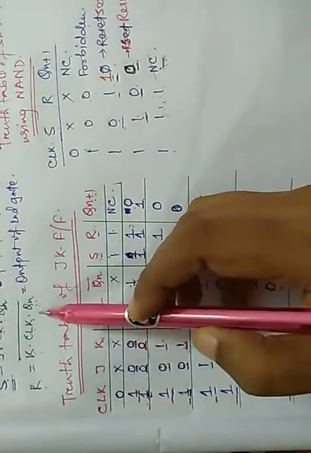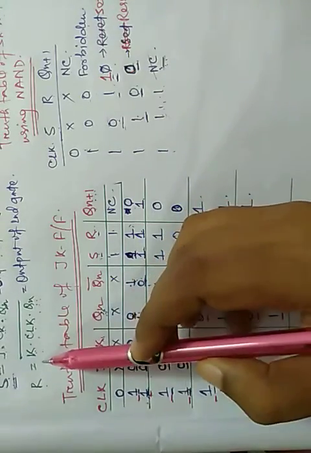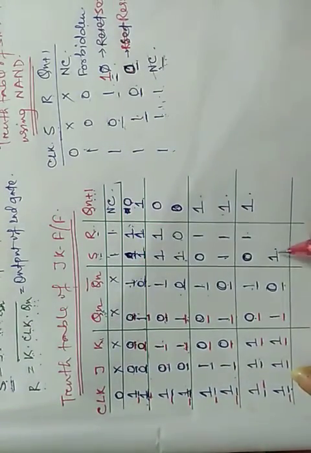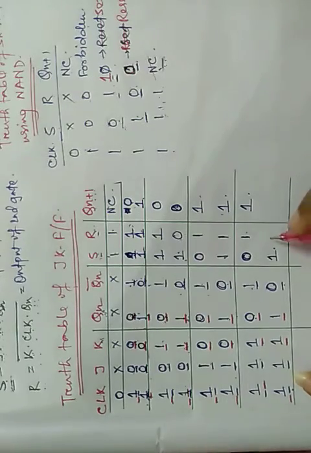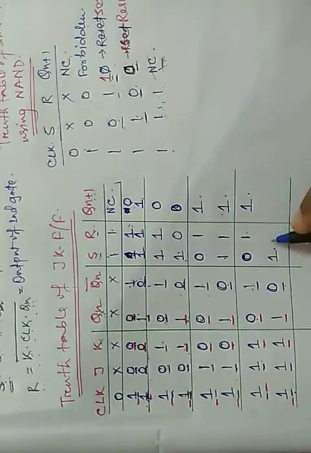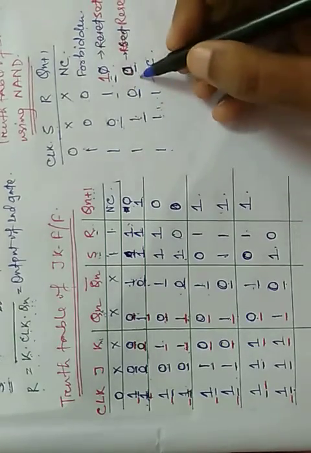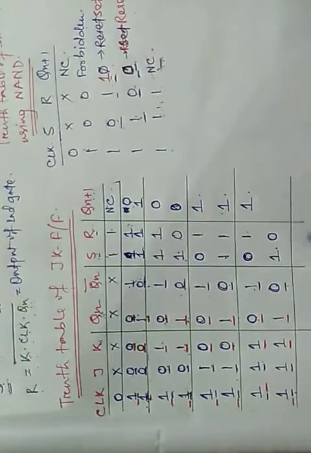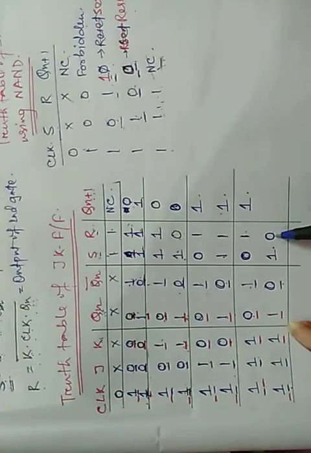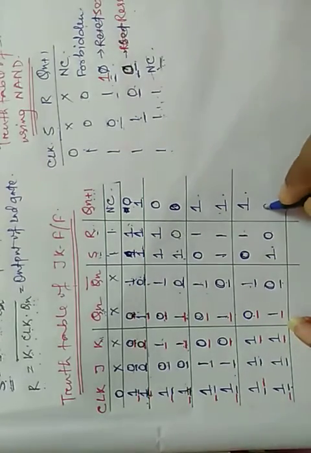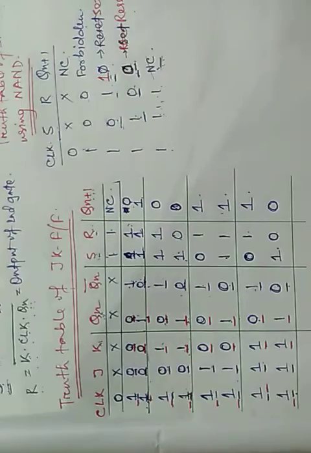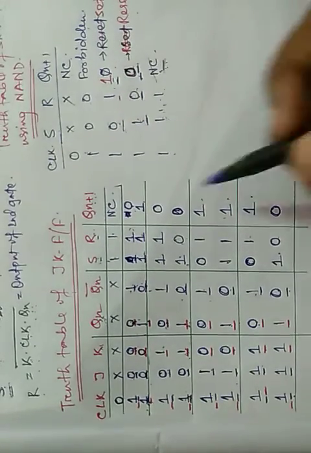All are 1, so for NAND operation we get its output as 0. So 1, 0 means it is the reset condition. Reset means 0. So these are all the possible conditions of the JK flip-flop.